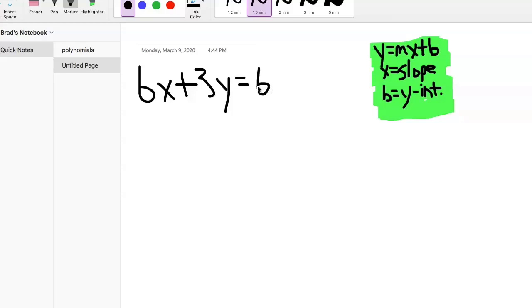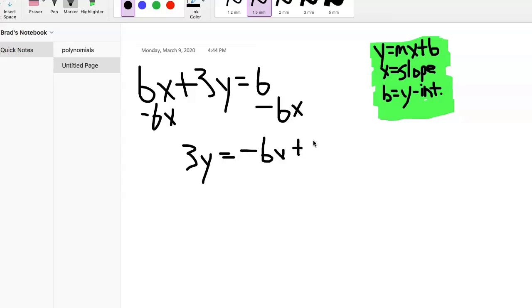Remember, our formula is y equals mx plus b, so subtract 6x. 3y equals, we do that x first, negative 6x plus 6.